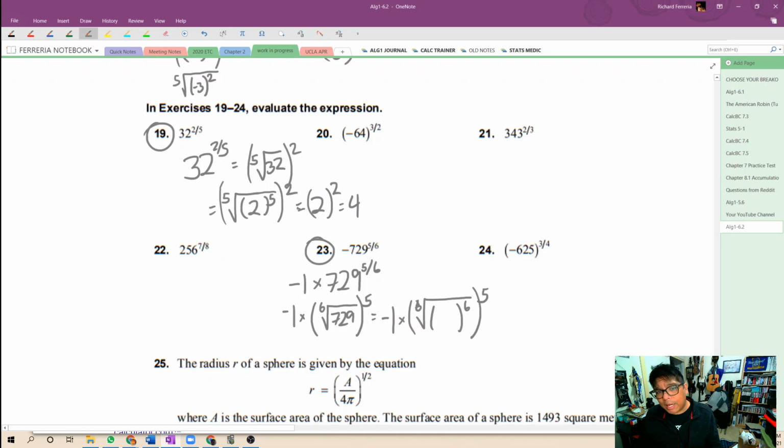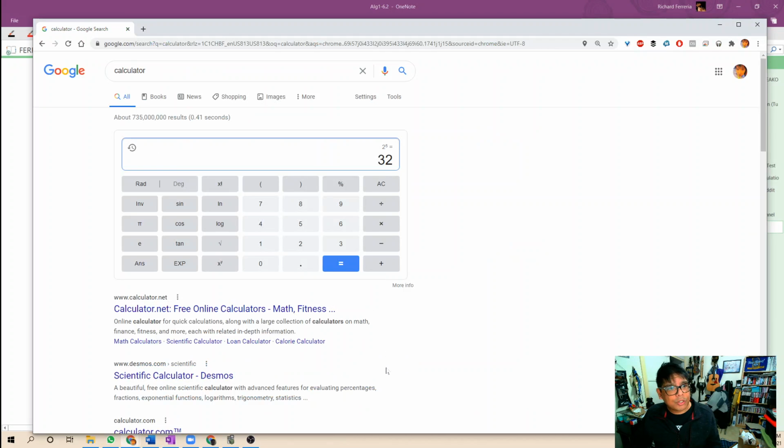Let's figure out what that is by going to Google, and let's try things to the 6th power. So let's try first 2 to the 6th power. That gets us 64. We need to get to 729, so let's try 3. 3 to the 6th power. Oh, it's 729.